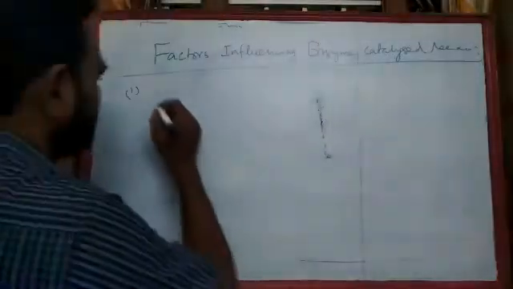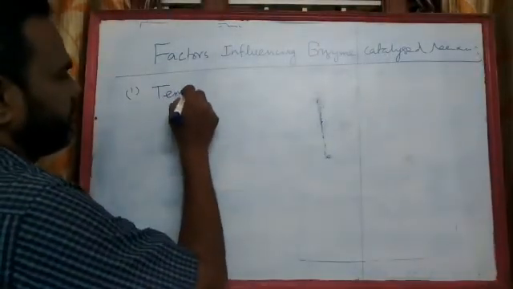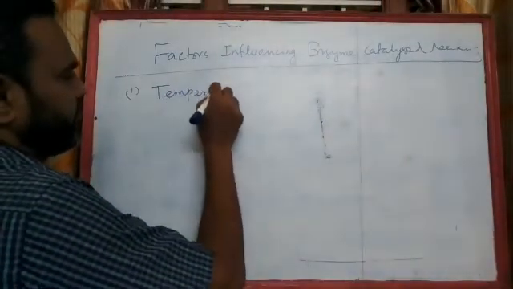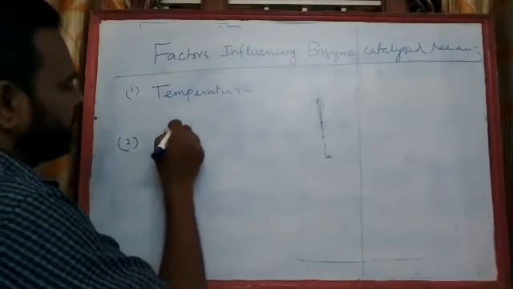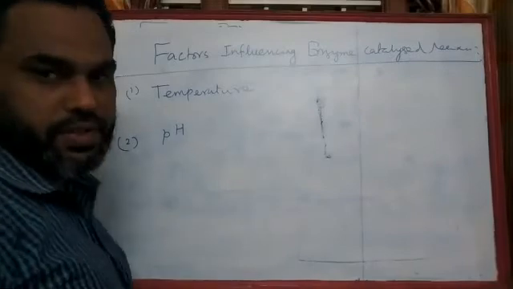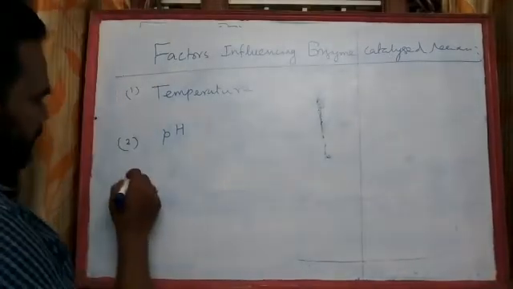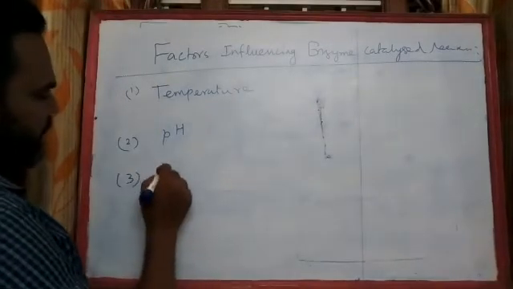The first and foremost is called the temperature. And the second one is called pH. Okay, and the third one is called activators.